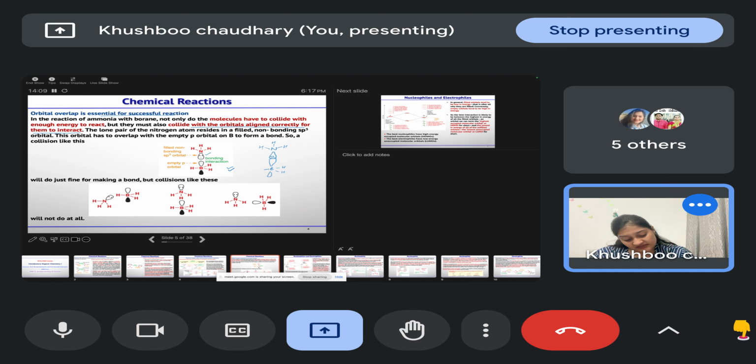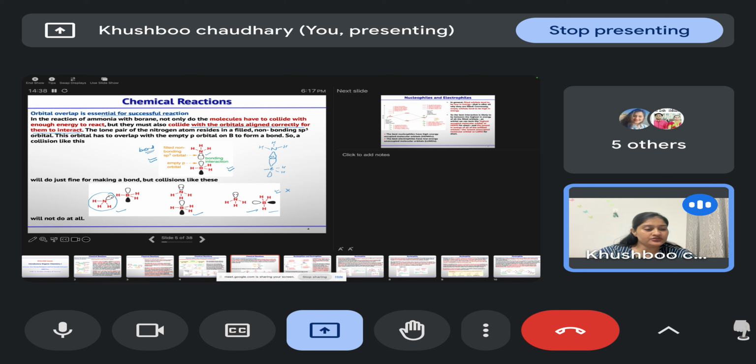But if the lone pair of ammonia is not aligned in a particular direction, it can attack or collide with boron from other directions also. But these kinds of collisions will not result in any reaction or any bond. Only when the alignment is perfect will the bond form.